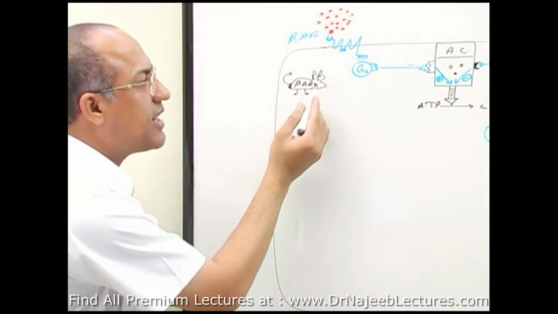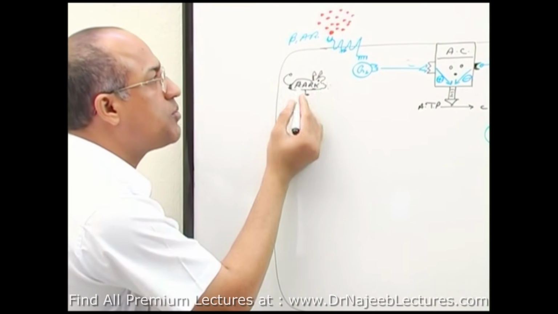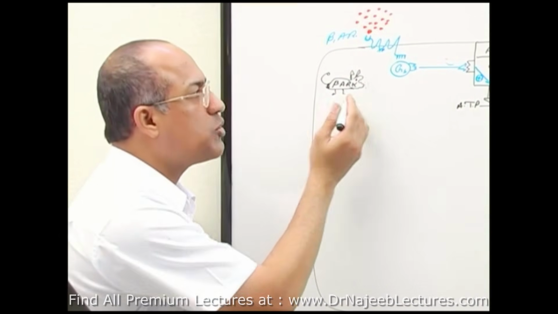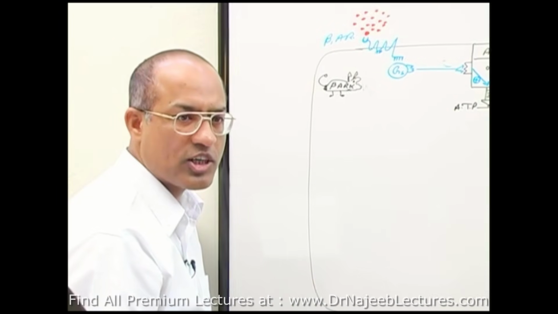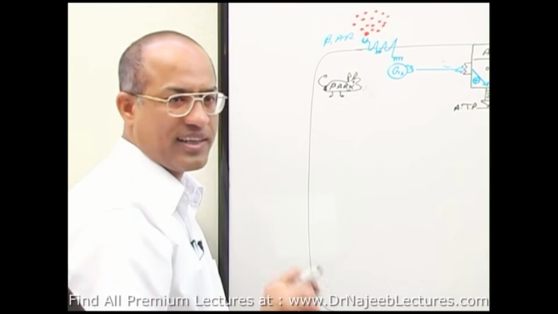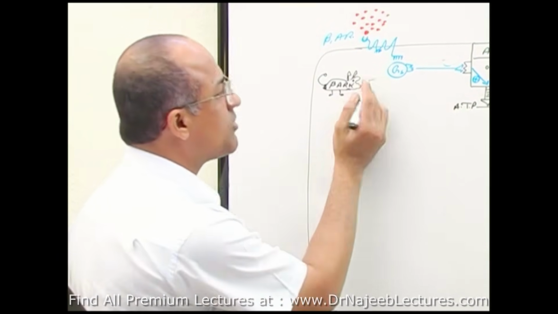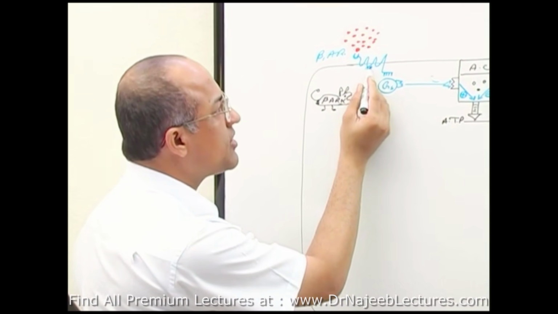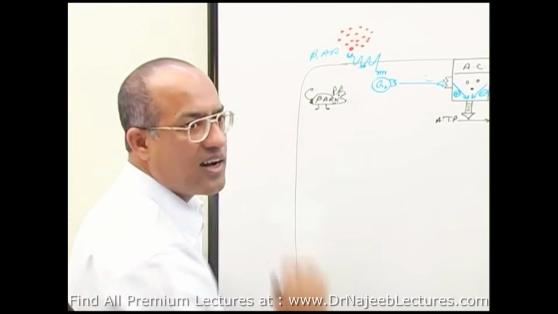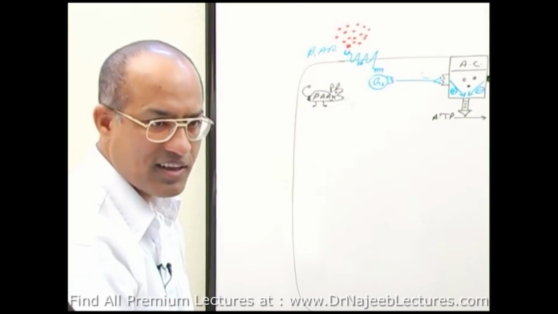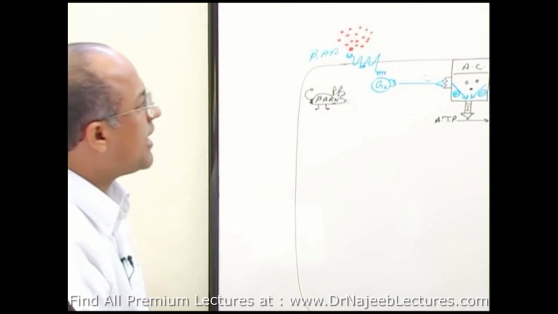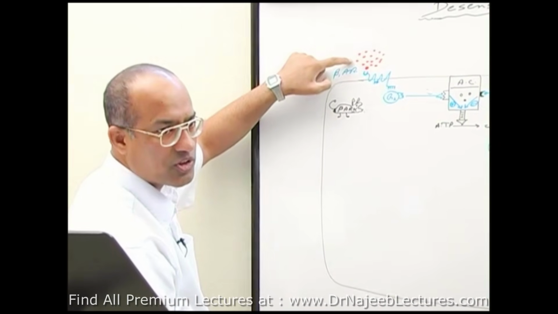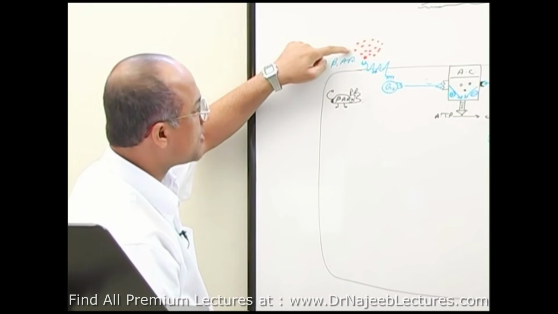It means that it can do kinase activity on the beta adrenergic receptor. But when will it do kinase activity? It will do kinase activity on the beta adrenergic receptor only when the receptor is loaded with the agonist. So whenever beta adrenergic receptors are bound with the agonist, suppose epinephrine, right?